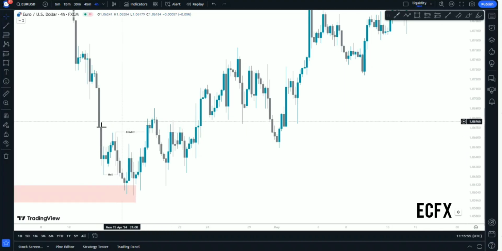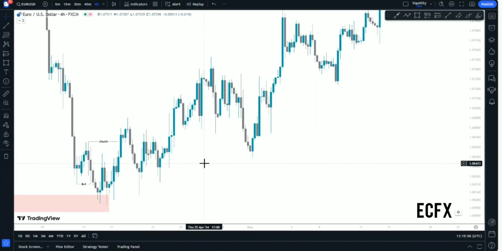A change of character is just the very first break of structure into the new direction that price is now shifting. So we have marked out our lows and our highs, and then we will go ahead and mark out our new low.